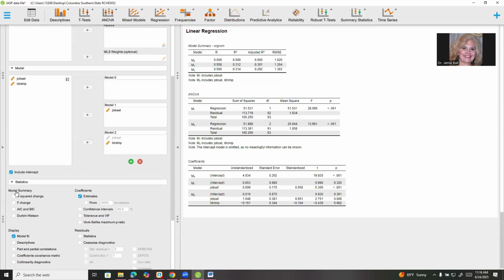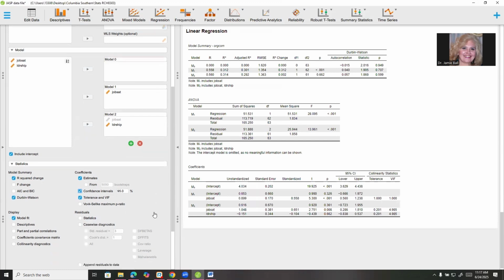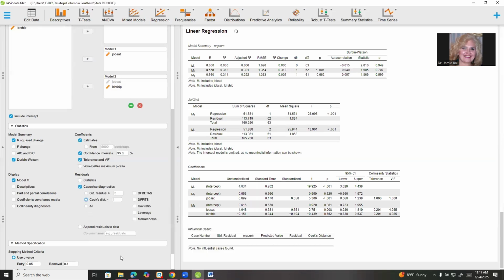So under statistics here, I'm going to select R-squared change, the Durbin-Watson. Eventually, I want this tolerance and VIF test. I want my confidence intervals. Okay, and for Cook's distance, we'll use case-wise diagnostics with Cook's distance instead of the standard residuals.